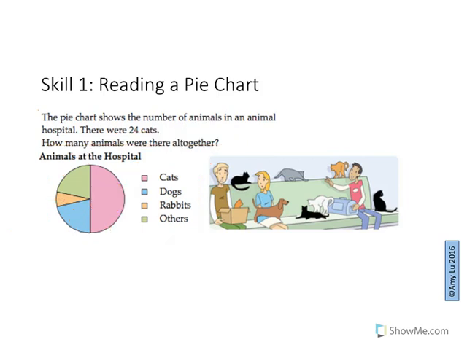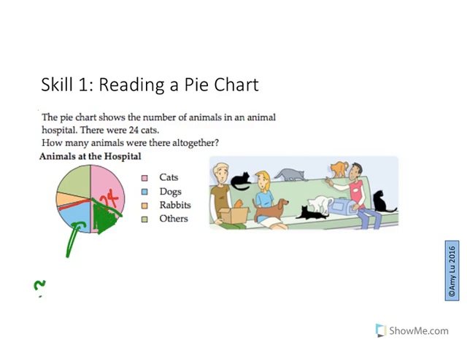So if we know that this part is 24, we can say that this blue piece right here is approximately, that's not the most accurate, approximately 1/3 of this pink piece, right? Now we don't know precisely, we can approximate because we don't have any information about the dogs.